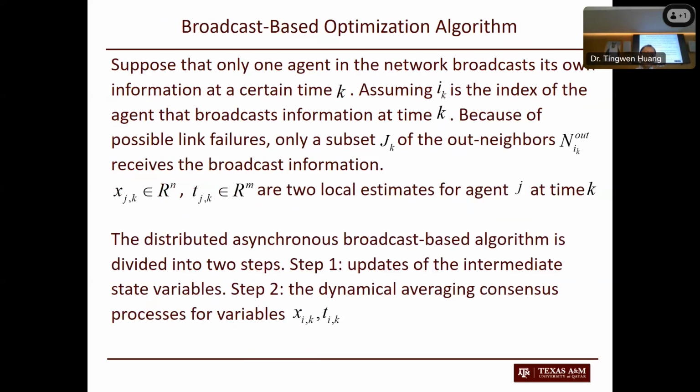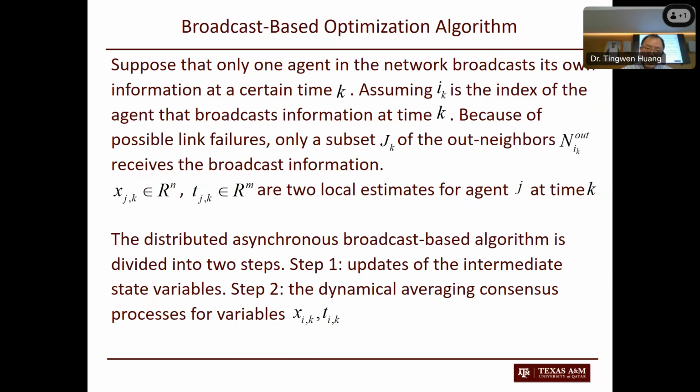We suppose that only one agent in the network broadcasts its own information at a certain time k. Assuming ik is the index of the agent that broadcasts information at time k. Because of possible link failures, only a subset jk of the out neighbors receives the broadcast information.